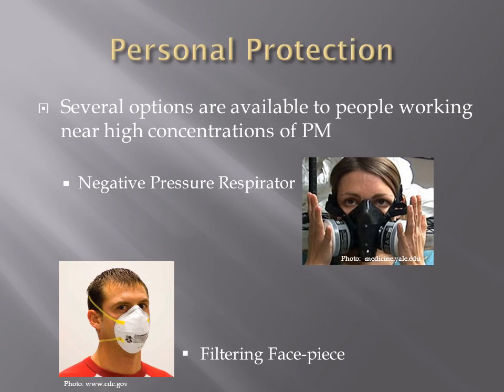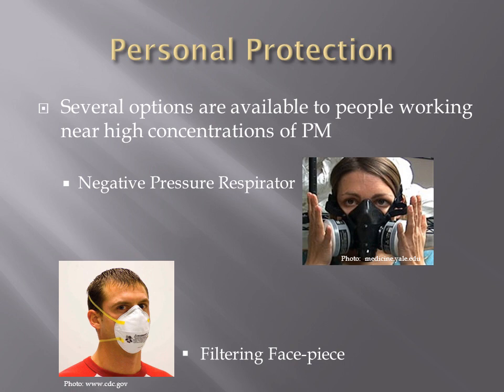When working in areas of high concentration of particulate matter, there are several ways to protect ourselves from inhaling many of the particles. The most common form of protection comes in the form of a face piece or a dust mask. The two most common types of dust masks are a negative pressure respirator and a filtering face piece.